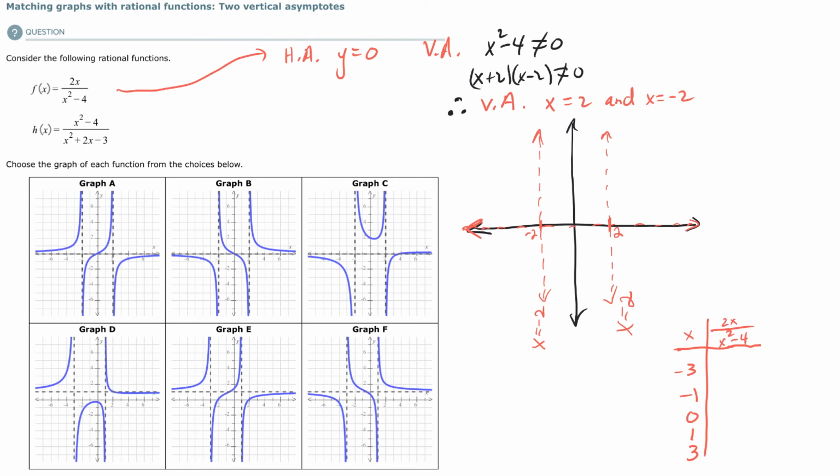I can give you a hint on the second graph as well. Since the degrees here are the same, we could see that the horizontal asymptote is simply the coefficients in front of the term with the highest degree. So the coefficients are what? 1 and 1. So your horizontal asymptote here is y equals 1 over 1. That's another way of just saying the horizontal asymptote is y equals 1.